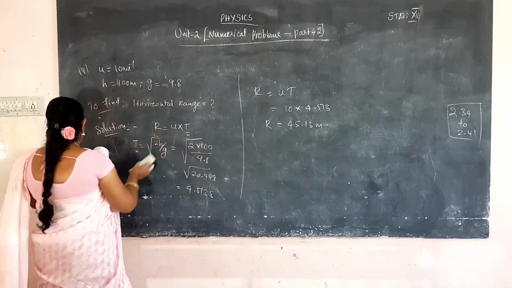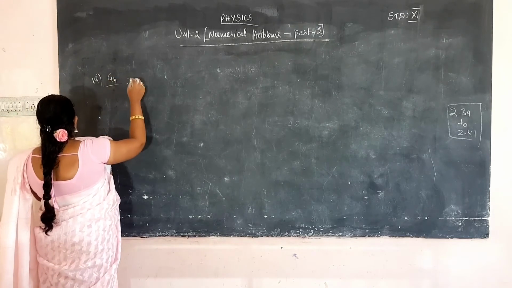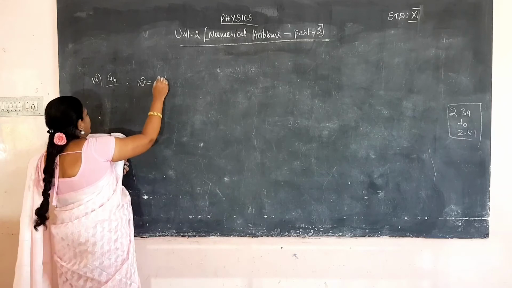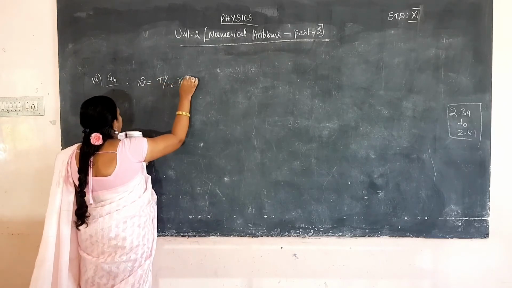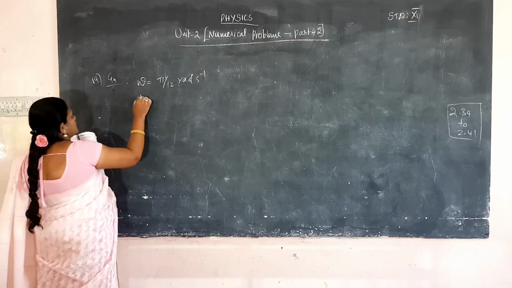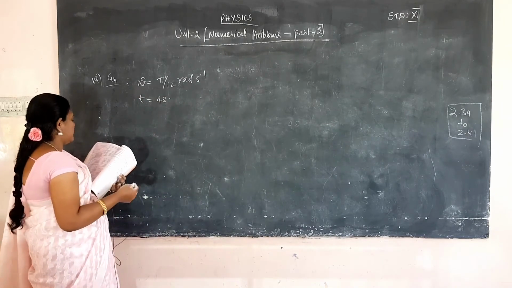So okay, what are the given values? Angular speed omega is equal to pi/12 radian per second, and time t is equal to 4 seconds. So now we want to calculate the angular displacement.